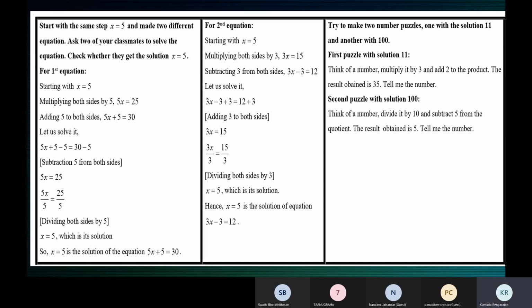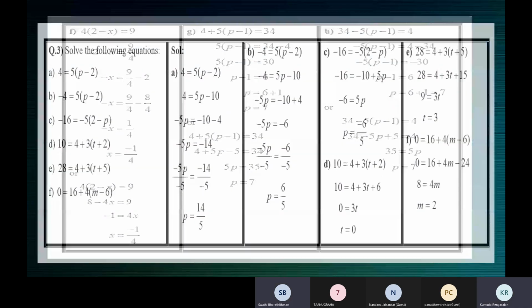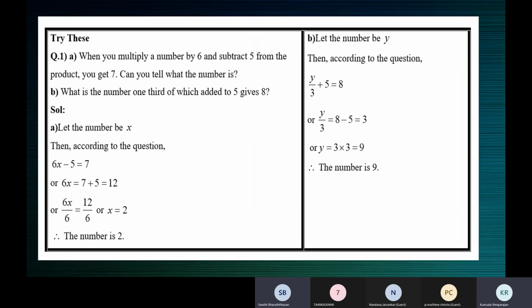I'll show you the answer for this. We'll try something else. Ma'am, I have thought of an answer for the first question. Is it correct? No, I'll ask you something else.